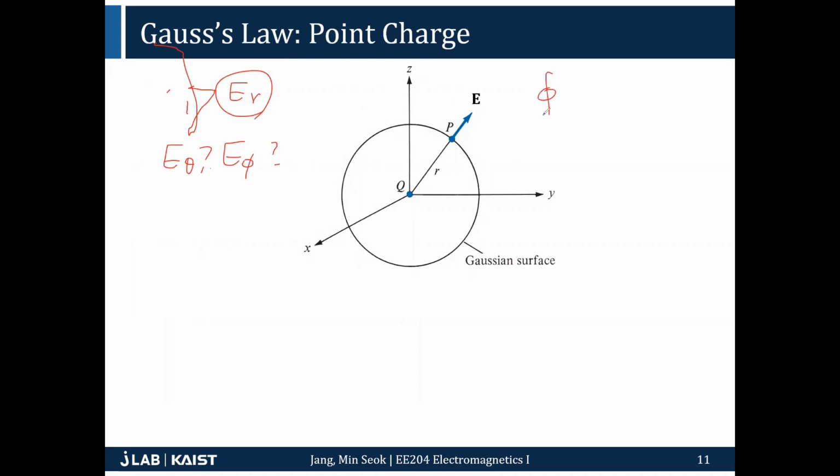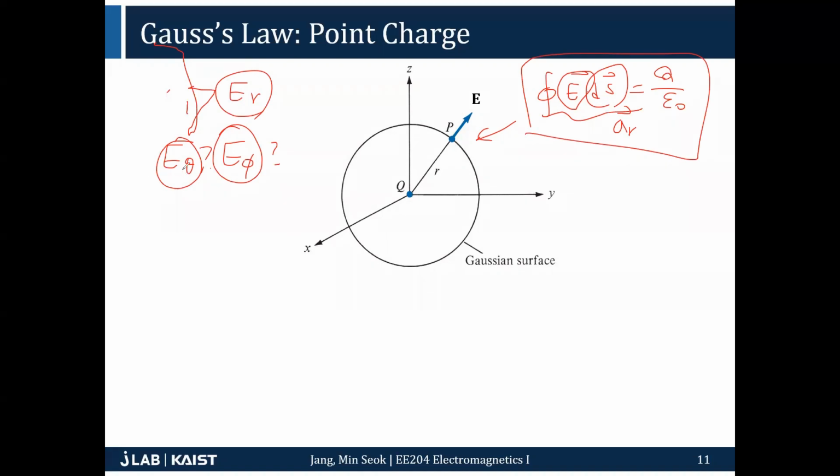Thinking about your integral of E dot ds equals Q over epsilon naught for the spherical surface, because your infinitesimal surface component is along the a_r direction, even though E has a non-zero E theta or E phi component, it wouldn't affect the integration result, right? So this itself doesn't tell you anything about E theta or E phi. There's no problem if you have a non-zero E theta or E phi component.